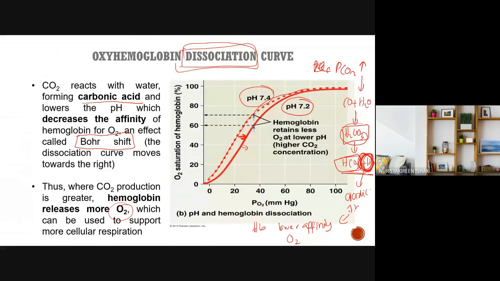Your blood will become more acidic. When your blood becomes more acidic daripada reaction yang saya dah tulis ni tadi, so this will lower the affinity of hemoglobin for oxygen. So when hemoglobin has lower affinity for oxygen, hemoglobin akan release more oxygen to the respiring tissue.